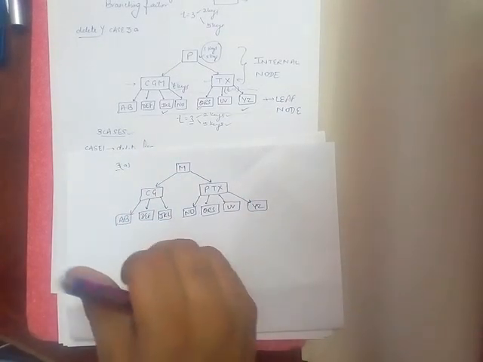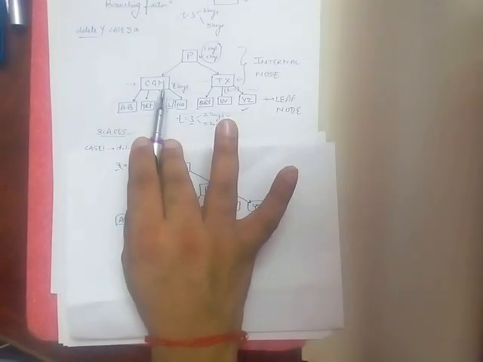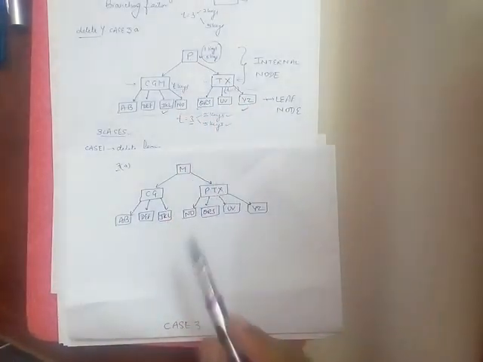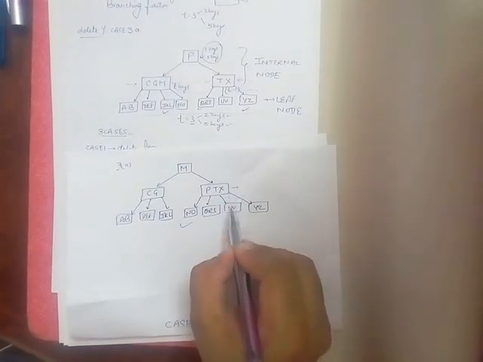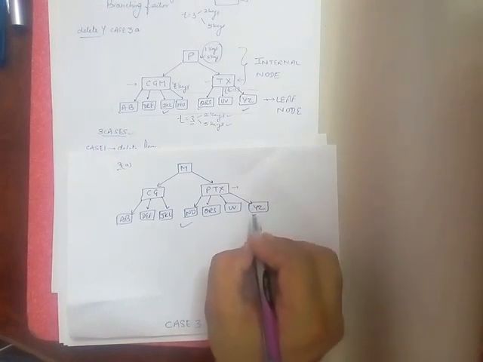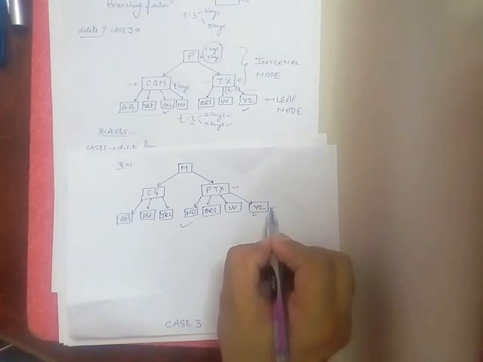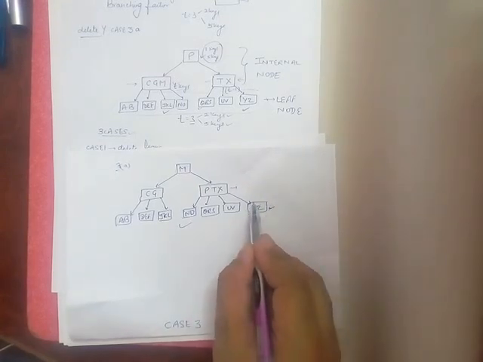Then we see that its sibling has more than one key, hence case 3A is applied, and we first move M upward and P downward, and the figure is like this. Now this problem is solved. Now we move to this particular node where we are going to delete Y. When we move to this node, we see that it also has the minimum number of keys.